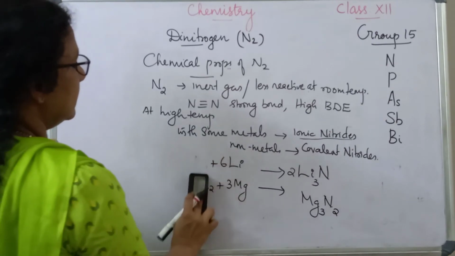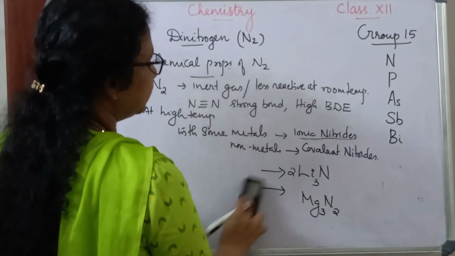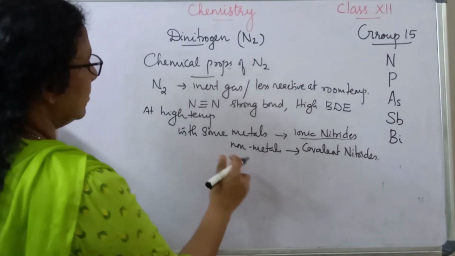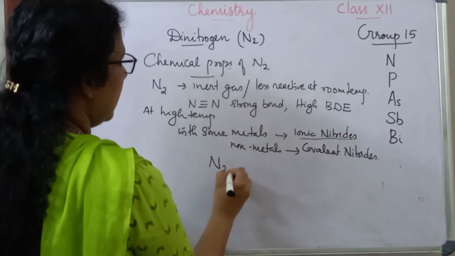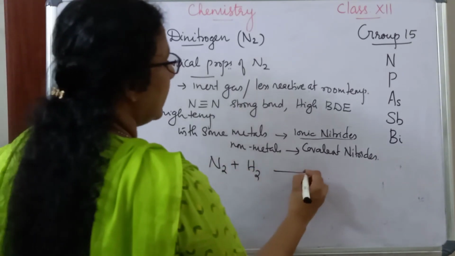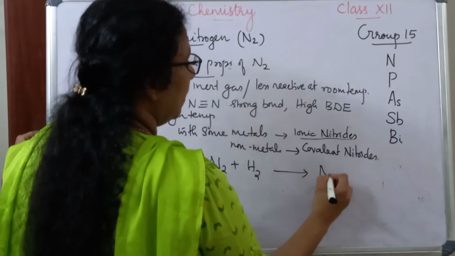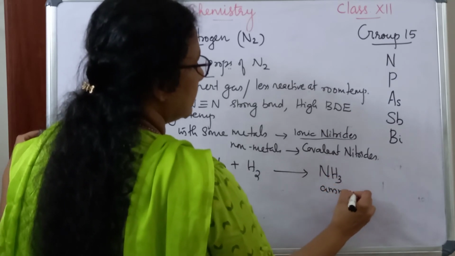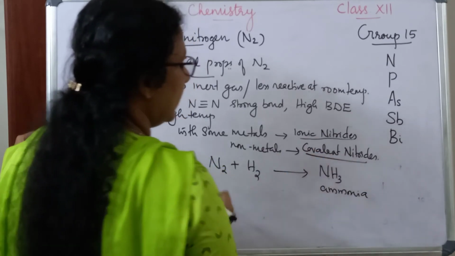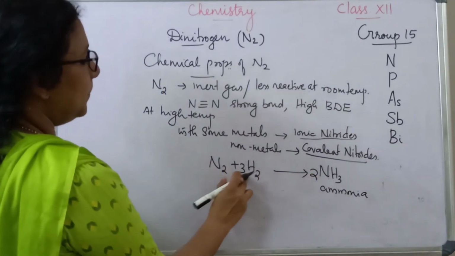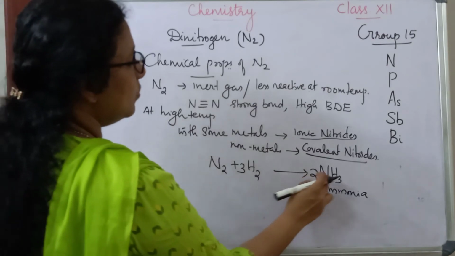So let us see some examples. We can take nitrogen and the non-metal hydrogen. Nitrogen and hydrogen react together to form ammonia, NH3. This is ammonia, a covalent nitride. N2 plus 3H2 gives 2NH3.